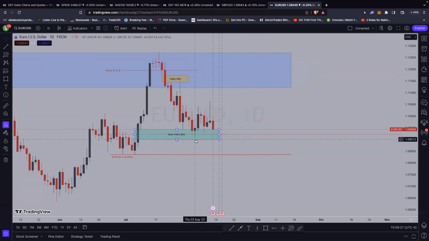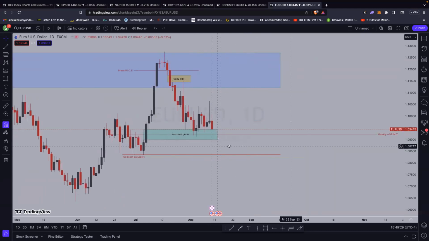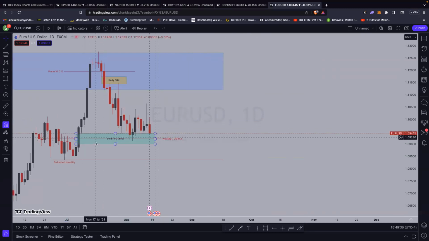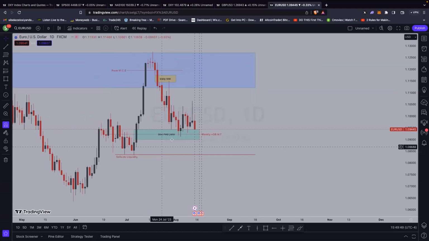And then if you look at the weekly order block main threshold, I think it's also the CE of this, the center of this buy side inefficiency, sell side imbalance. So going into next week, I want to see at least this.